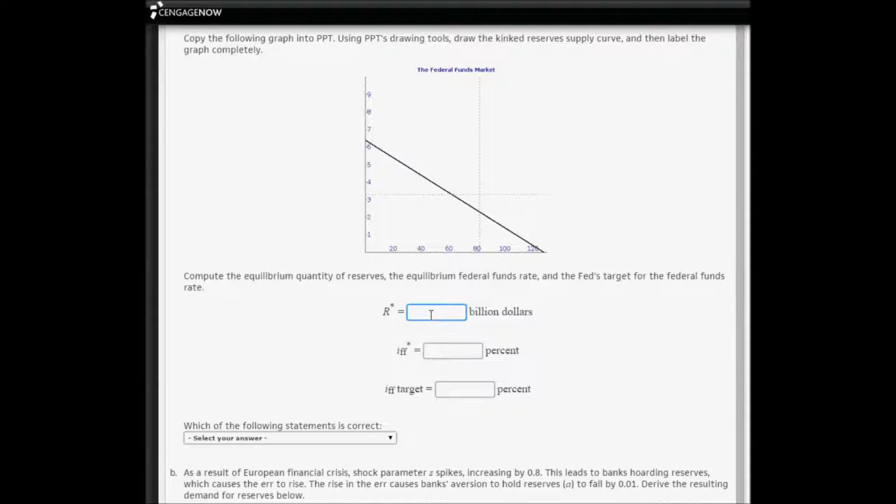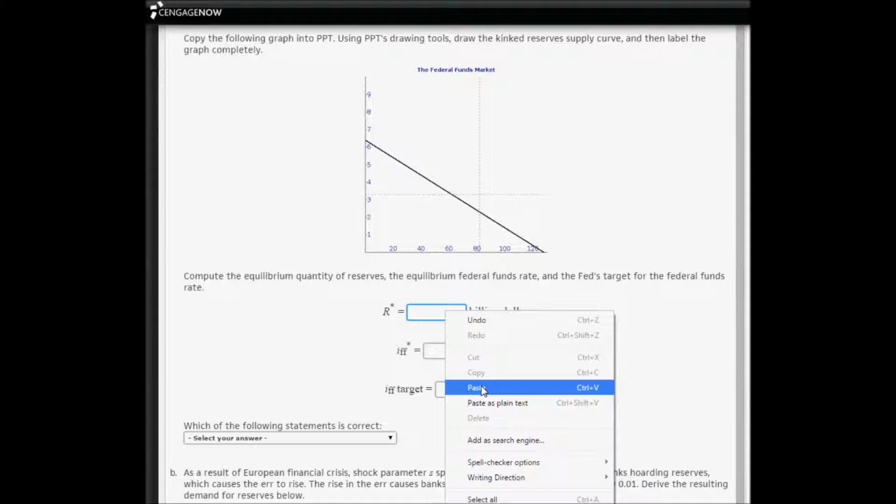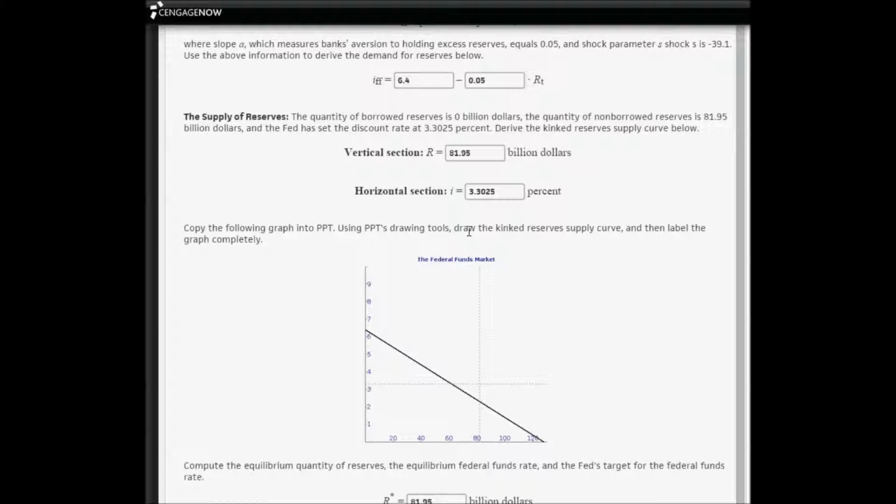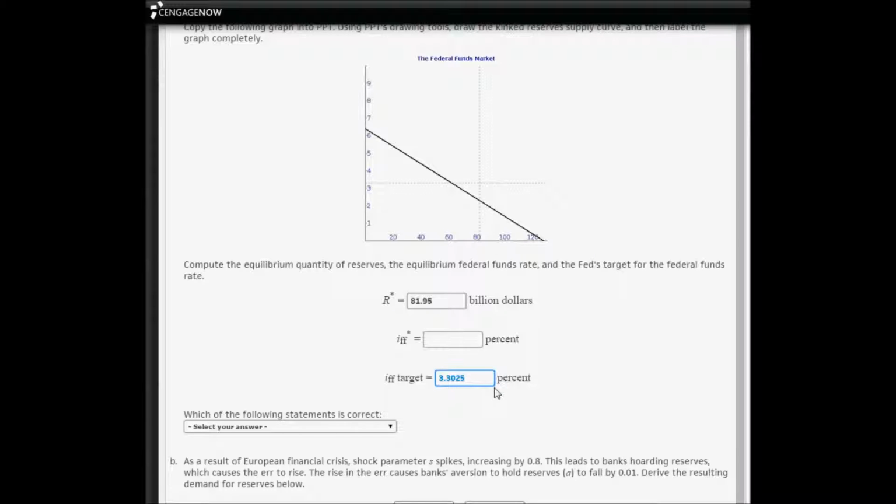Well, the equilibrium quantity of reserves is just this value here, which was $81.95 billion. The Fed's target for the federal funds rate is 1 less the discount rate. If 3.3025 is the discount rate, then the target must be 2.3025.